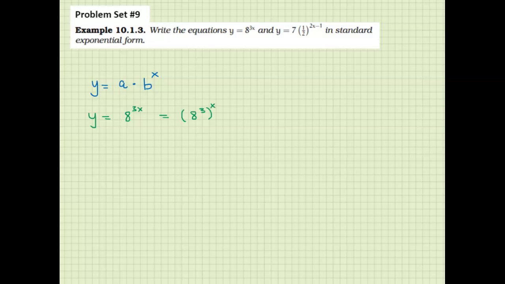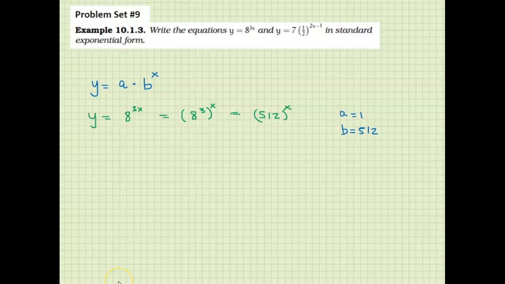The exponent rule says that if you're raising a number to an exponent and then again to an exponent, the exponents multiply, so you just separate them like this to get the 3x. And then 8 to the 3 is 512, so it's 512 to the x power. So this is in the standard form. Notice there's no number in front, which means a is 1, and the base raised to the x is equal to 512.